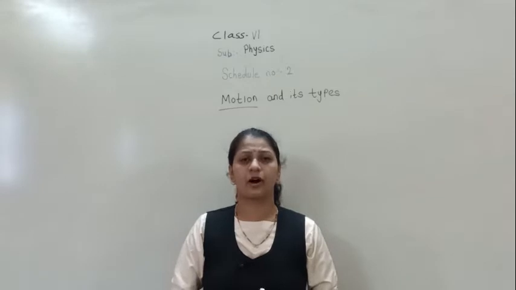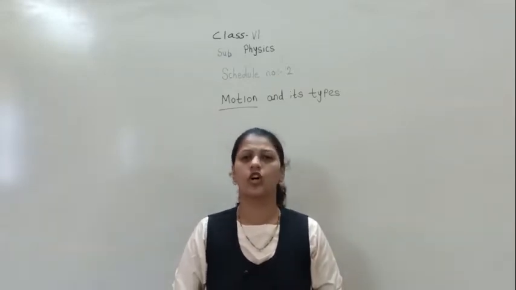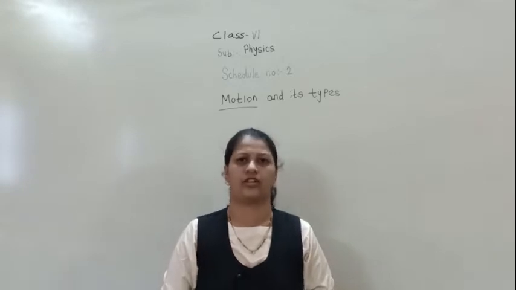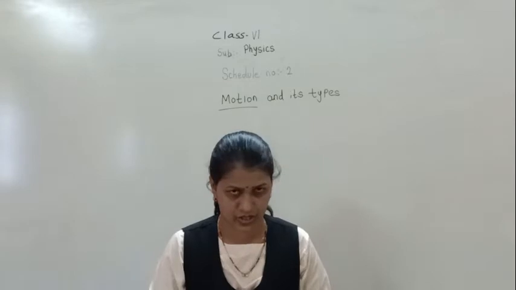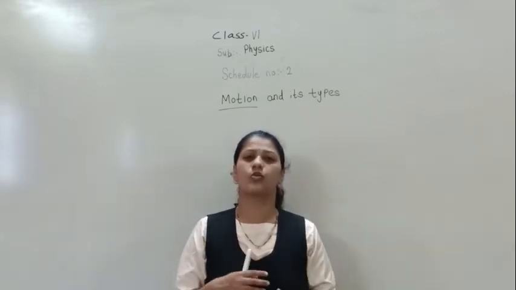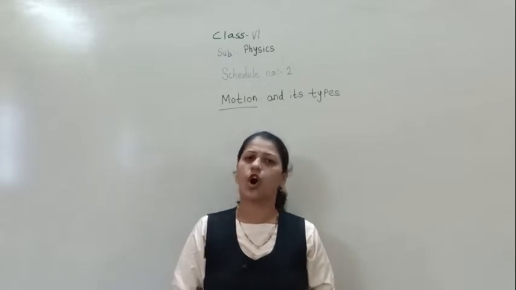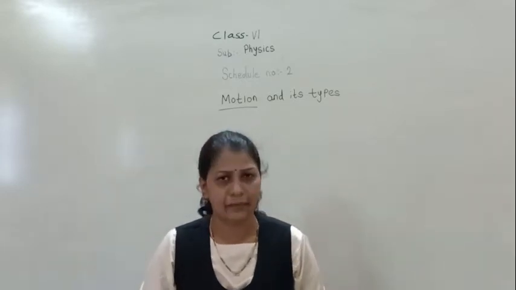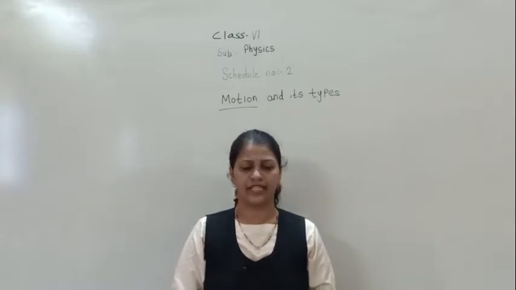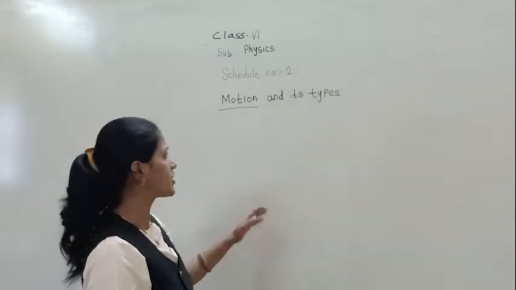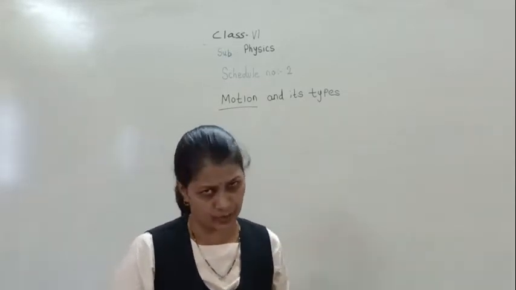Then we have discussed the last type of motion, that is compound motion, also called multiple motion. When an object possesses two or more motions at the same time, such a motion is called multiple motion or compound motion. Are you getting this? So these different types of motion we have discussed in this schedule number 2.